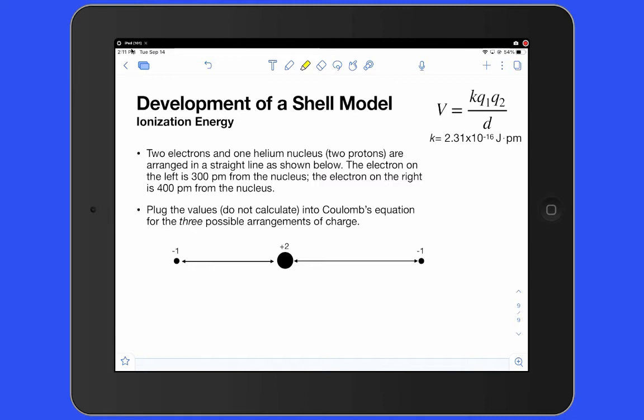I know it says do not calculate, but at least set it up. Go ahead and use +1 for the K value. Plug the values into Coulomb's equation for the 3 possible arrangements for the chart.